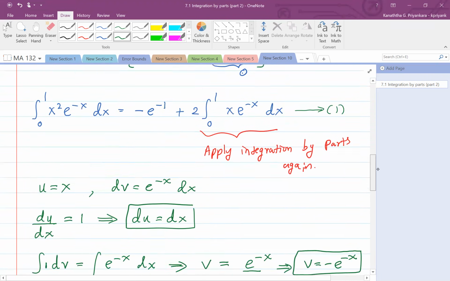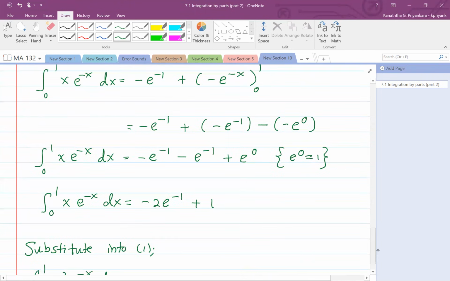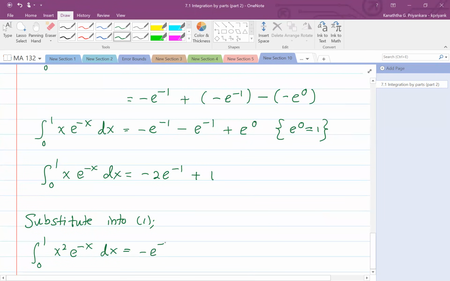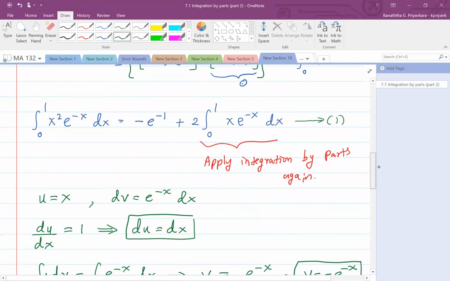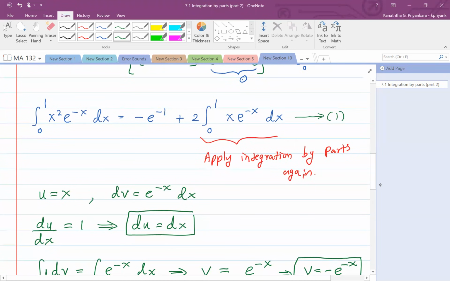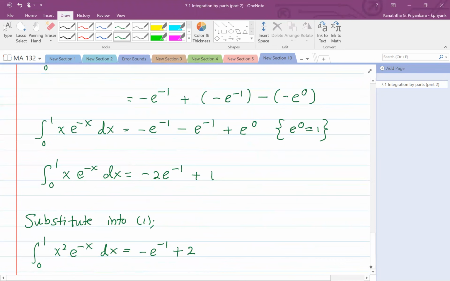So we have negative e to the power negative 1 plus 2 times this integral, which is the same as this. So we can substitute that value: negative 2 e to the power negative 1 plus 1.